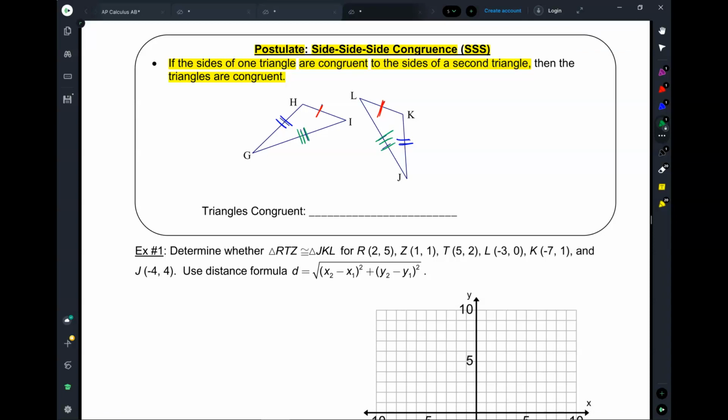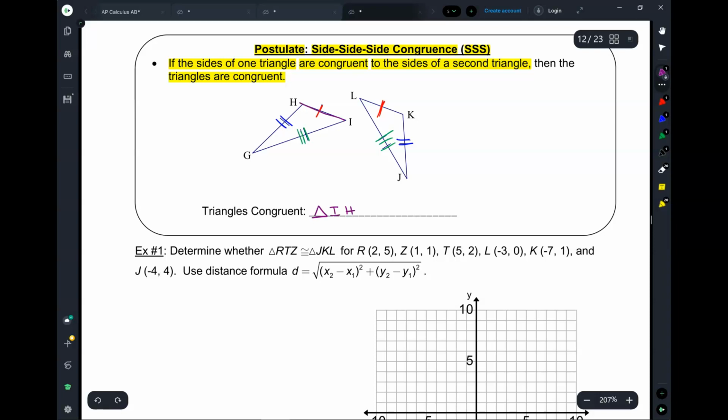Okay? So we're given this here, right? These 3 sides are congruent to those 3 sides. Let's see which triangles are congruent. So I'm going to say triangle, and you start with one of the vertices. So let's say I'm going to start with this I. I, H, so triangle I, H, and look at what I did here.